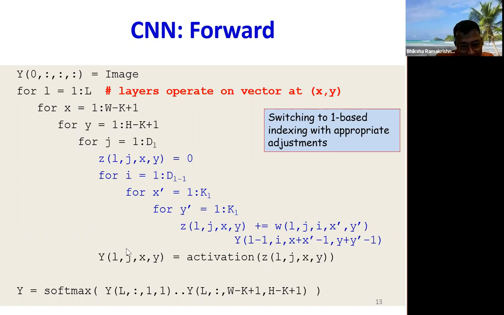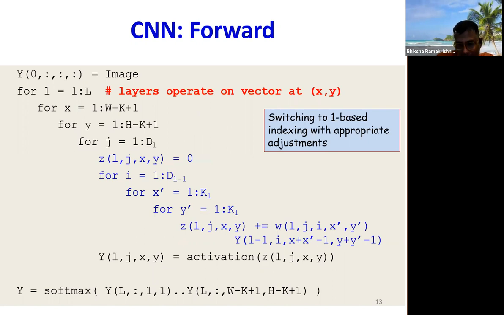Once you've computed the z values for all the positions of all the z maps, you can just apply an activation on these and compute the corresponding component of the activation map. So is this pseudocode making sense to you guys? Just give me a thumbs up or wave your hand so I can see if this is making sense.